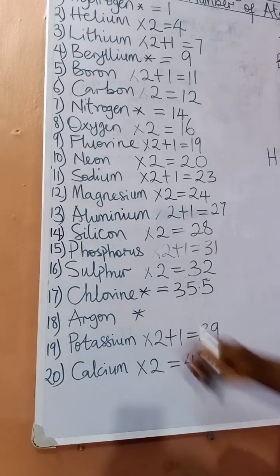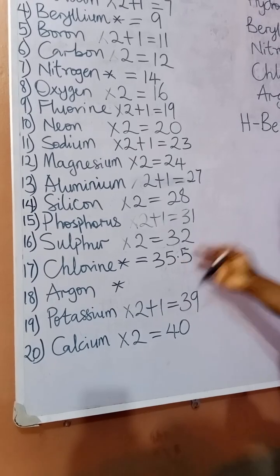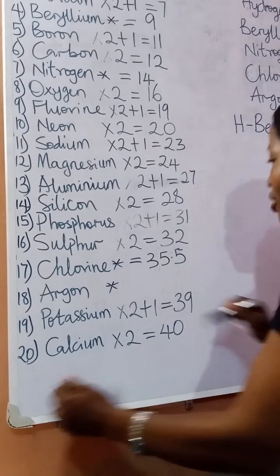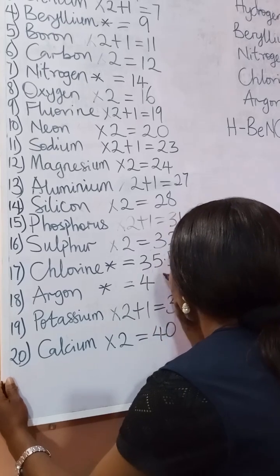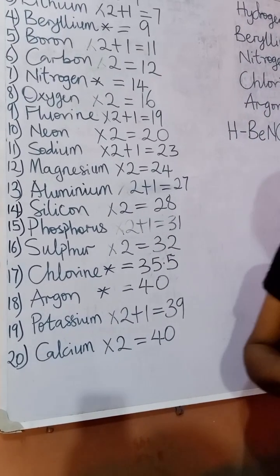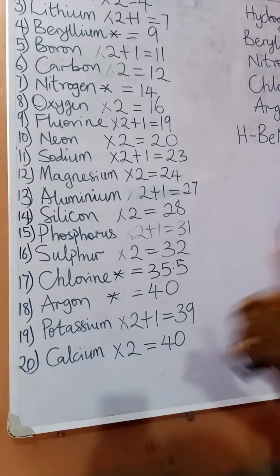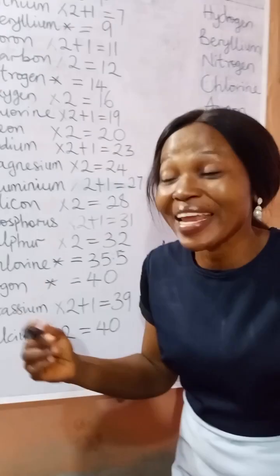Because of isotopy, which applies to chlorine, the calculated mass number is 35.5, having a decimal. And lastly, the mass number of argon is equal to 40. So, H. Benkler is an abbreviation you can use to remember the 5 elements which have mass numbers that do not obey Mrs. Blessing Osame's trick.